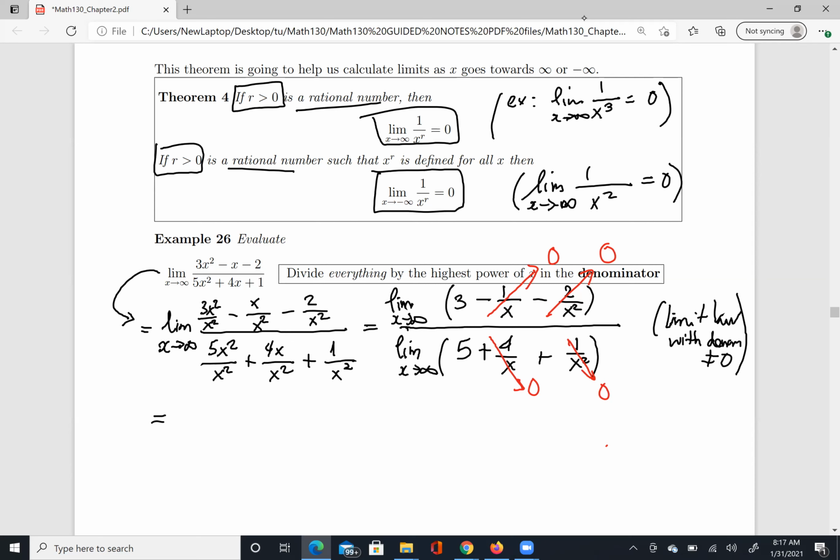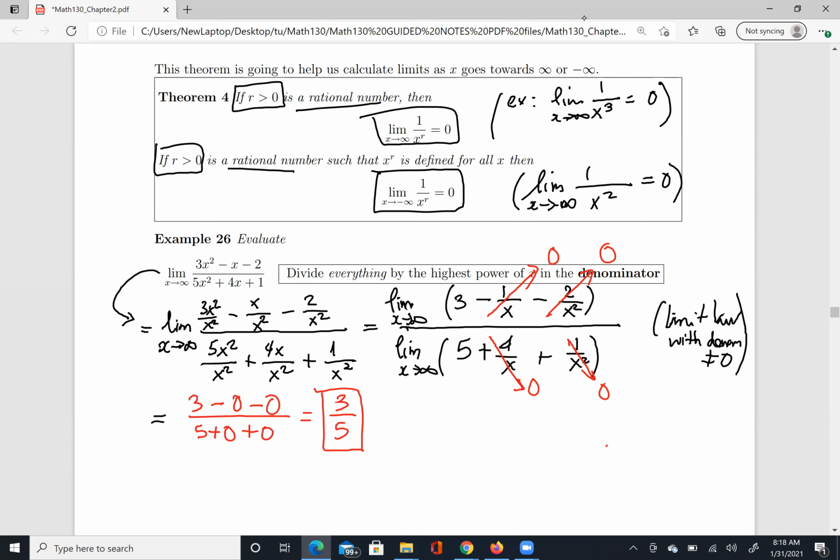You can check with some cases, like putting in a very large positive number such as 999 instead of x. You can see that 1 over x, 2 over x squared, and 4 over x are also going to be 0. So now I have 3 minus 0 minus 0 over 5 plus 0 plus 0, and then I have 3 over 5 as the value of the limit.